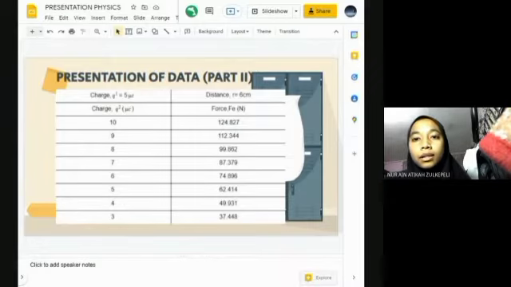Beside the columns is the observed result of the force in Newton, which starts from 37.448, and the largest force is 124.827 Newton. Next.